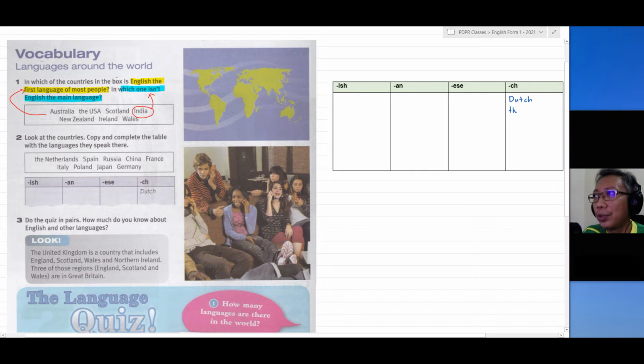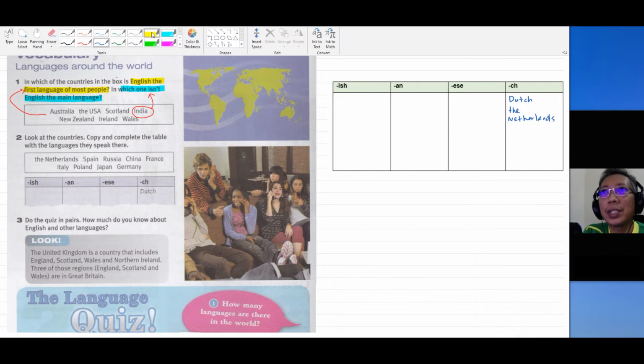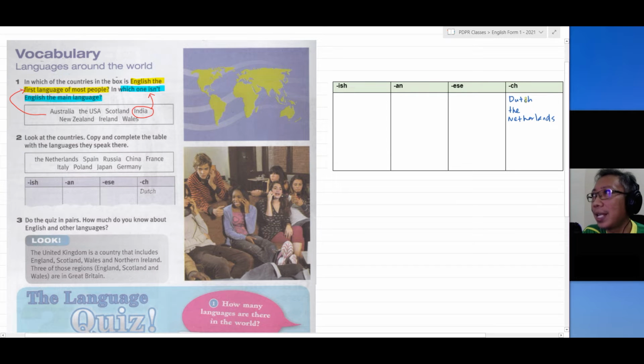So I would like you to first write the name of the language and then the name of the country, the Netherlands. The ch here means the language spoken by that country ends with the letters CH. So Dutch, spoken by the Netherlands.